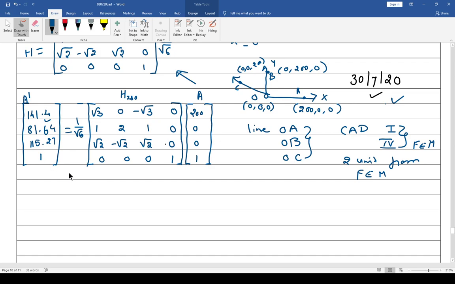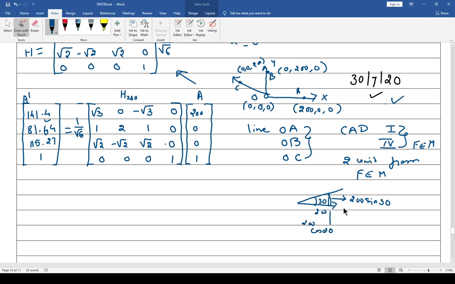Because what I should ideally get is this rotated by this angle, which is 30 degrees. So if this length is 200, then this height should be 200 sine 30, and this distance should be 200 cos 30.